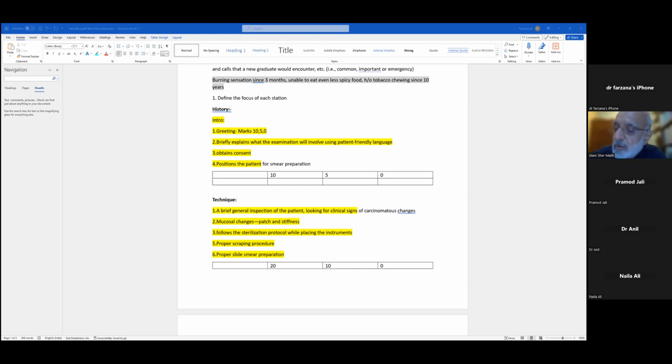The integrated OSCE is like multiple parts of an MEQ, where each station must guide the student accordingly. If the student has taken a wrong history, the next is physical examination, so there should be some indication to the student of what they need to examine. Because we cannot penalize the student multiple times for the same mistake.